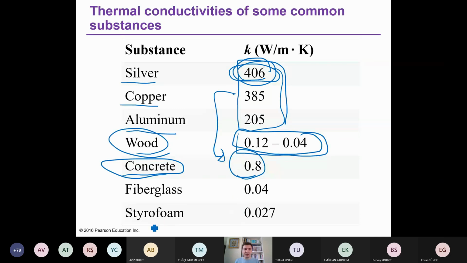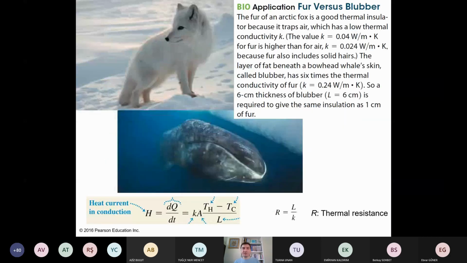Just compare. Here there's fiberglass. It also has very low thermal conductivity. And this is styrofoam, which is usually used in the thermal insulation of buildings, okay? It also has very low thermal conductivity. The lowest value here in this table. Look at the bio application, fur versus blubber.